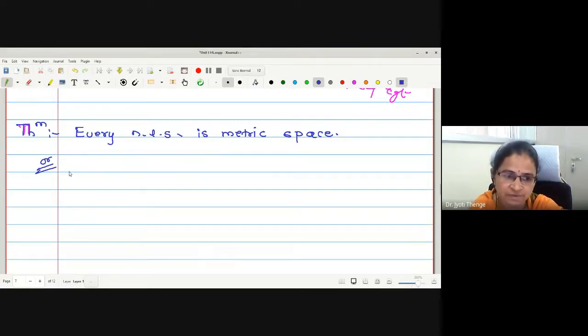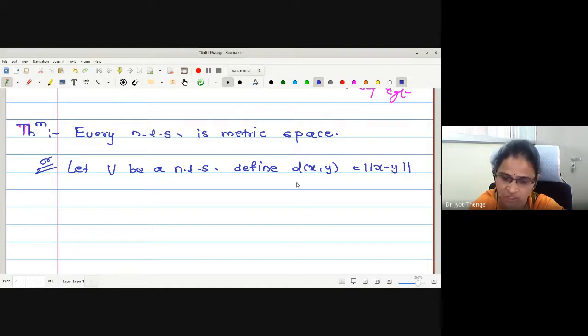Or in other words, one can write: let V be a normed linear space. Define a metric d(x,y) equal to norm of x minus y for all x, y in the corresponding vector space.